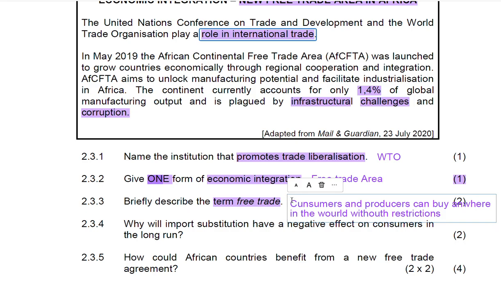So that means you can buy worldwide without any restriction or limitation. So that is free trade, because consumers and producers are free to buy goods and services anywhere in the world without restriction. It is very important to understand we're talking about goods and services here, and you're able to buy those goods and services without any restrictions.